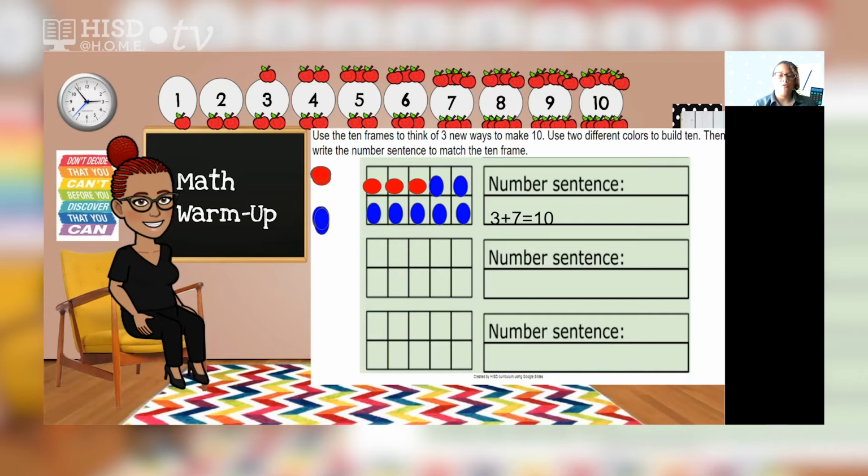Let's start with 4 red counters this time. If I have 4 red counters, 1, 2, 3, 4, how many blue counters do I need to create the number 10?